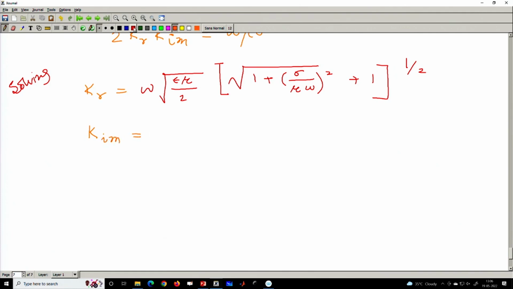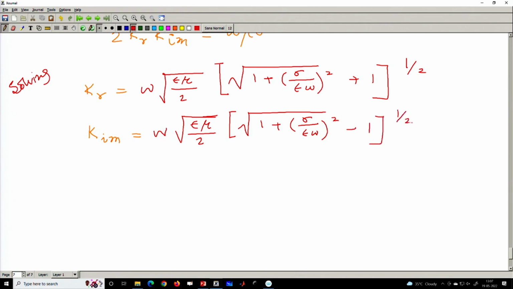Imaginary is equal to omega root over of epsilon mu by 2, then we have root over of 1 plus sigma divided by omega epsilon, I am making a mistake here, not mu, it should be epsilon, so sigma over omega epsilon whole square, minus 1, whole to the power half. That is the solution for k real and k imaginary.